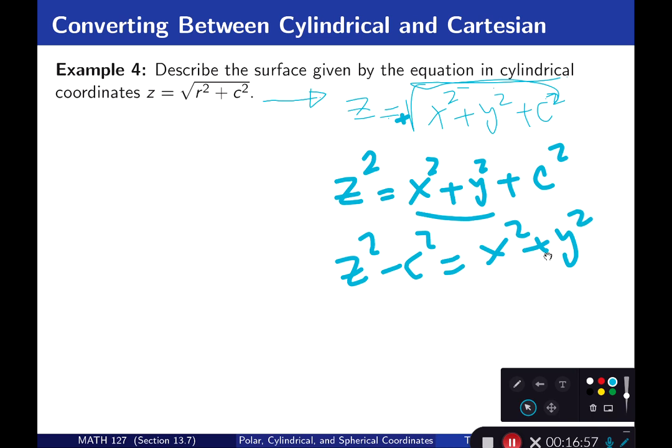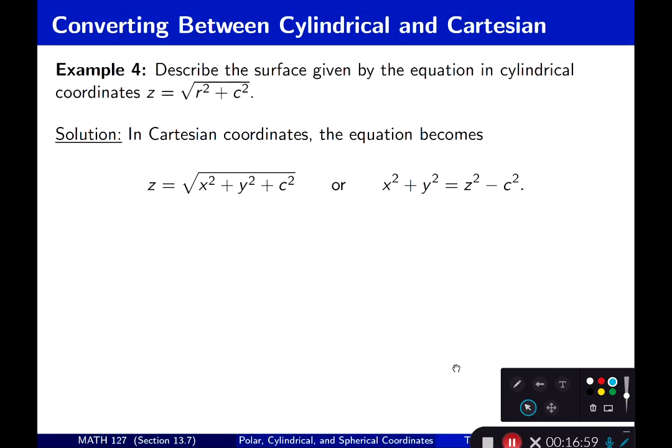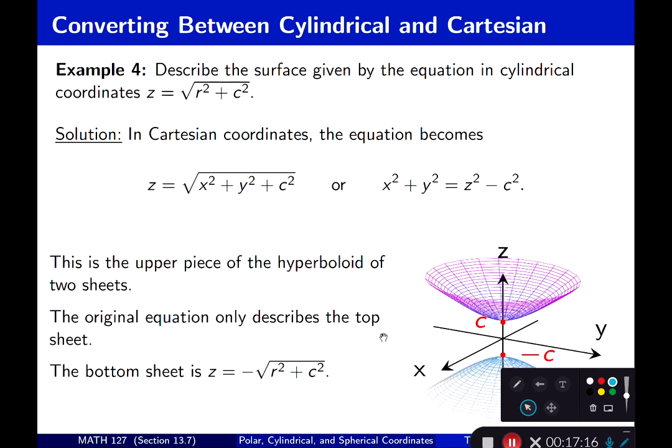But again you see that there's only positive z here before squaring. The hyperboloid of two sheets has two sheets, but we only use the upper part.